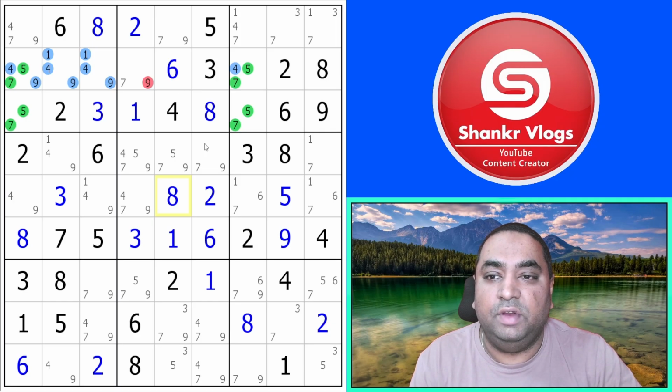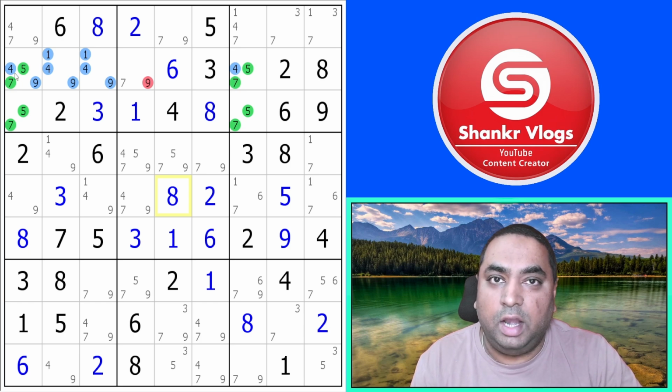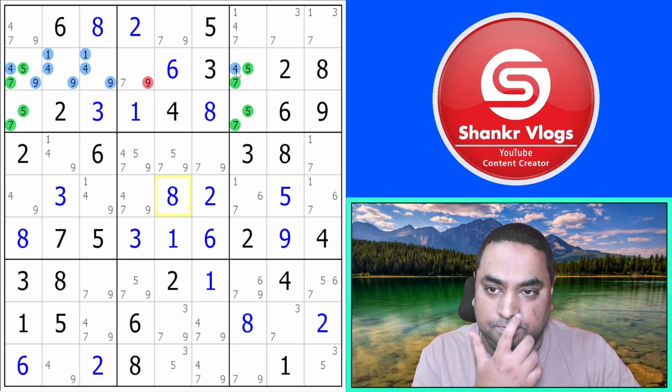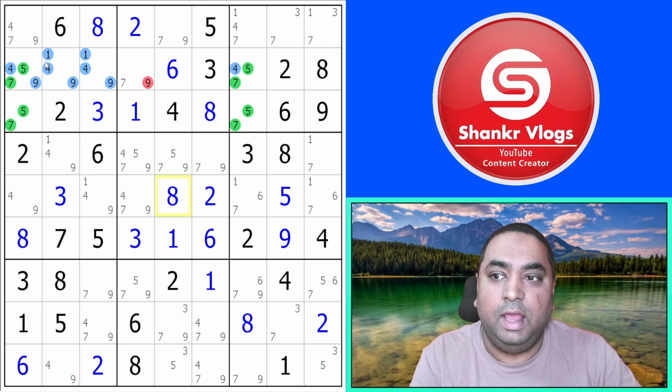See, here 5 and 7 are the UR candidates. After identifying 5 and 7 as the UR candidates, the other non-diagonal set has to be accommodated with 1 or more additional candidates. Here the additional candidates are 4 and 9. So 4 and 9 form a single unit.